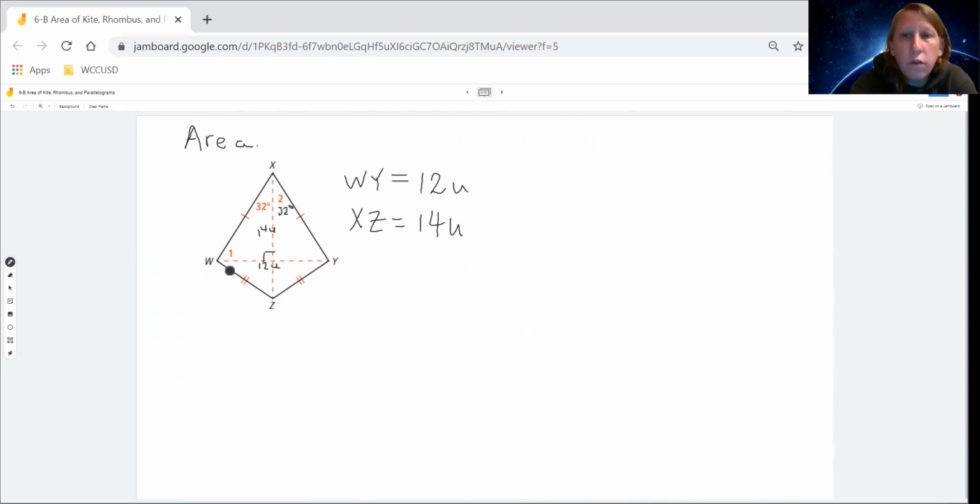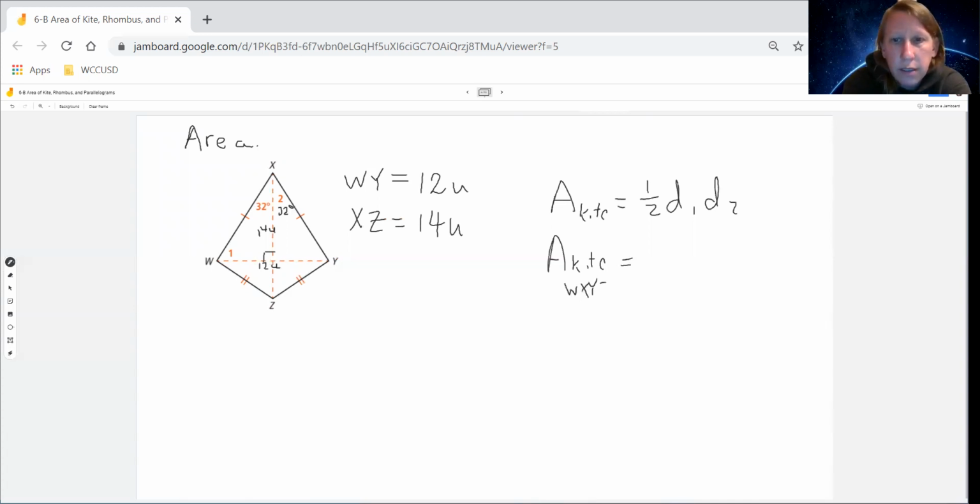I'll use the formula we just had, which is the area of a kite is half diagonal 1 times diagonal 2. So the area of this kite, I could name it WXYZ, is half diagonal 1, it doesn't matter which one, I'll do 12 units, times diagonal 2, which is 14 units.